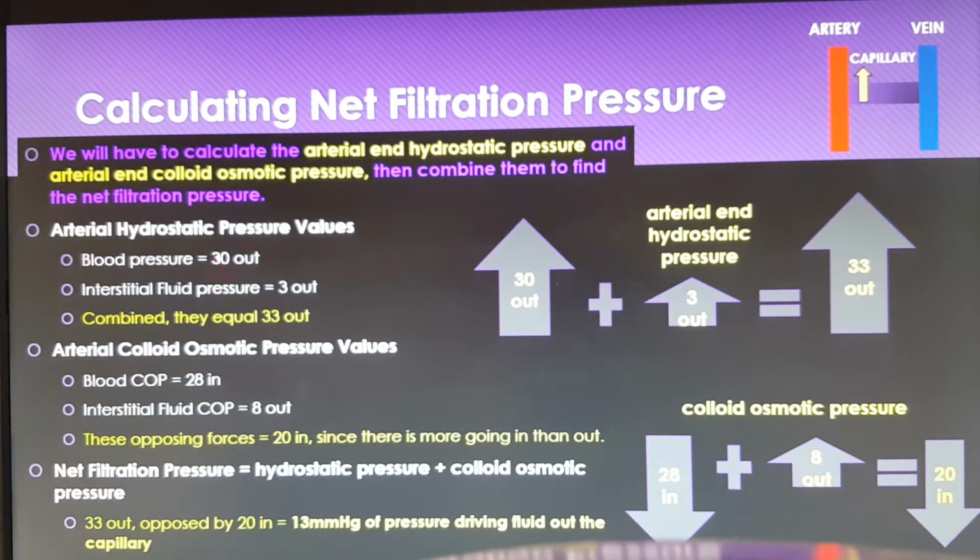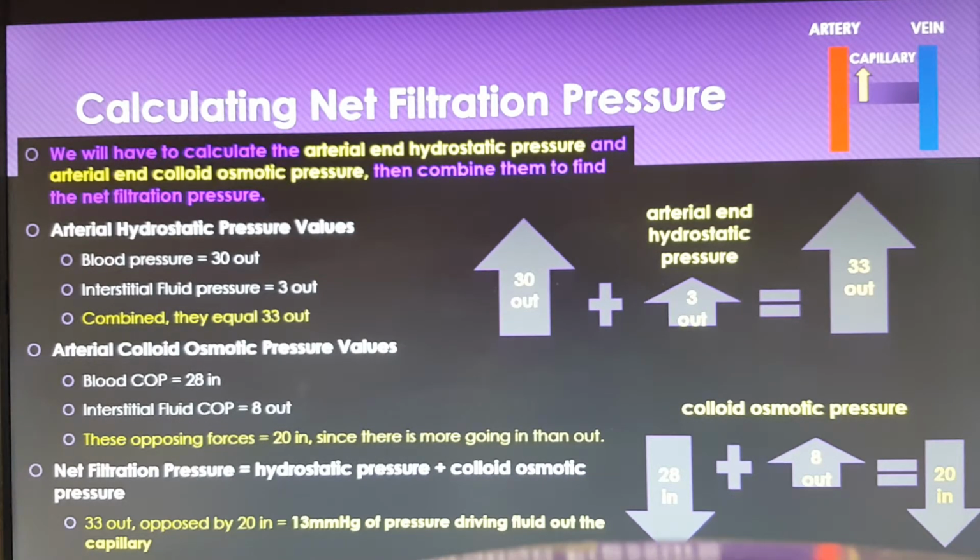Your blood pressure is 30 out, and this is assisted by the suction from the interstitial fluid, which also creates a pressure of 3 out. Combined, it makes a pressure of 33 out for the arterial end. So 30 out plus 3 out equals 33 out.